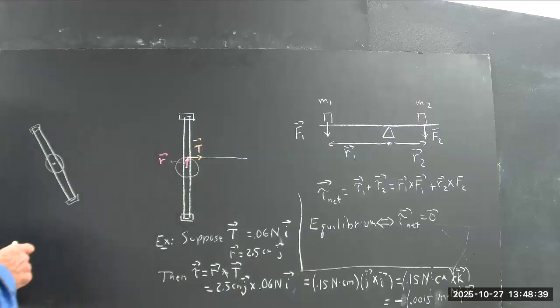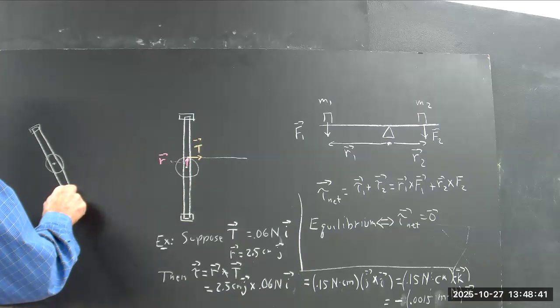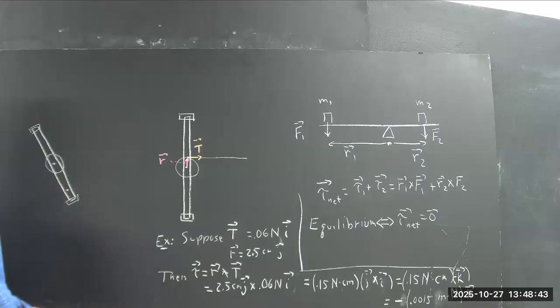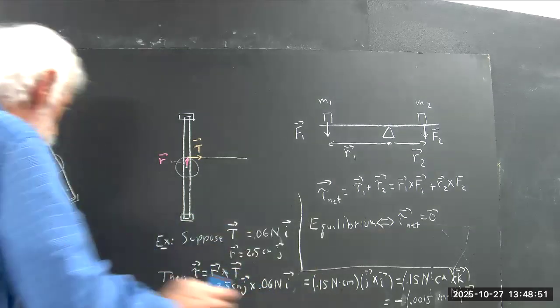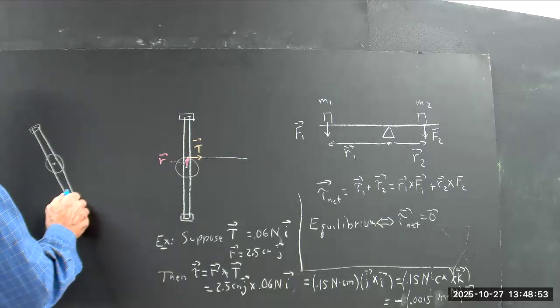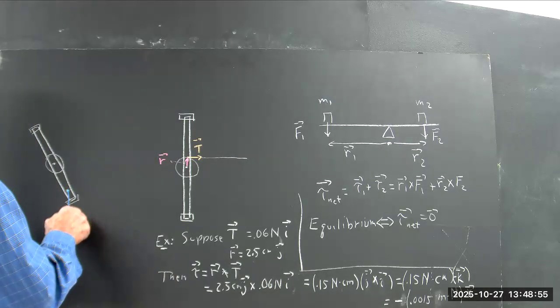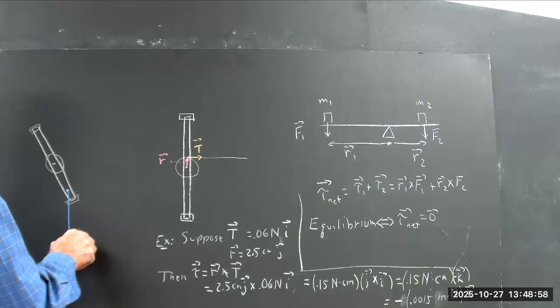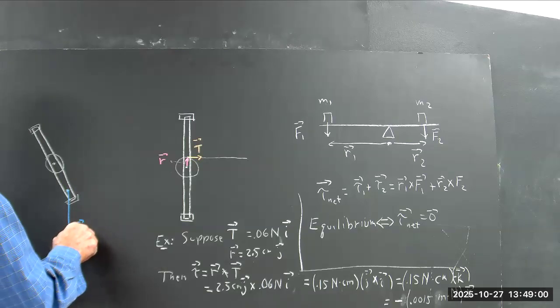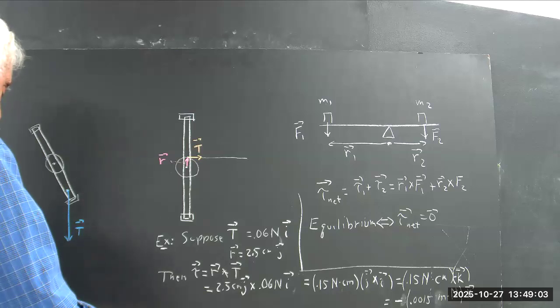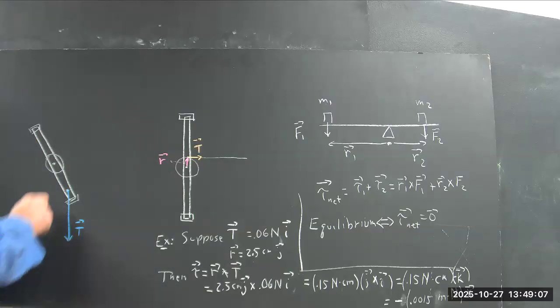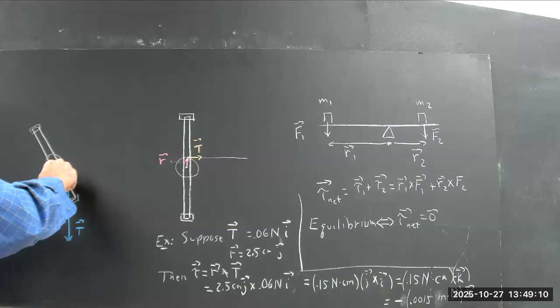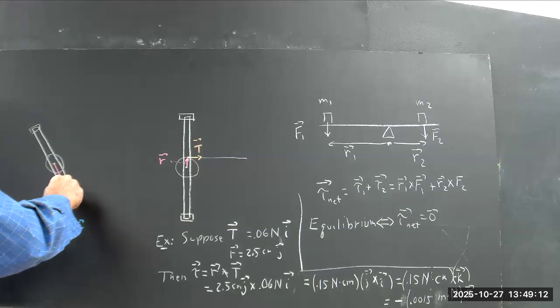Instead, we attach a string here. Let me give the string some color. Attach the string here, and give it a tension. Our R vector goes from here to here.